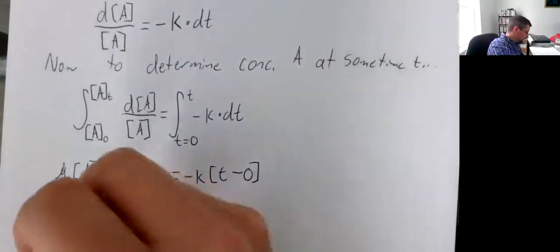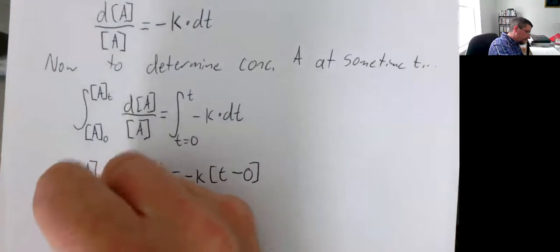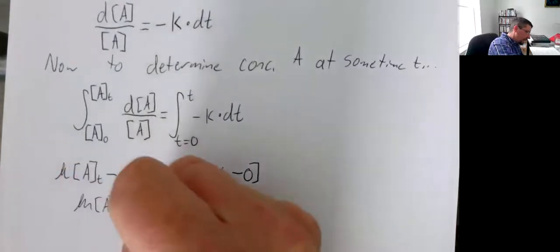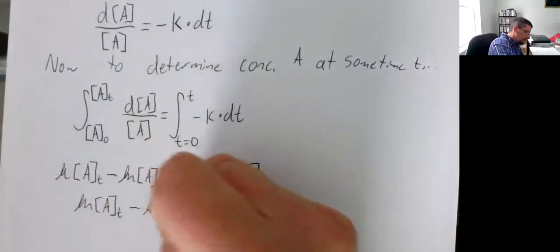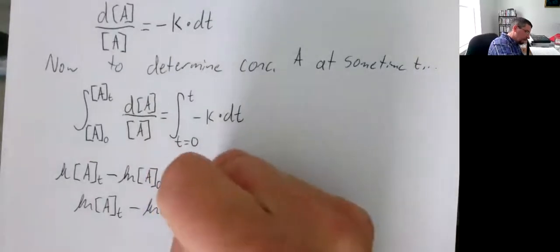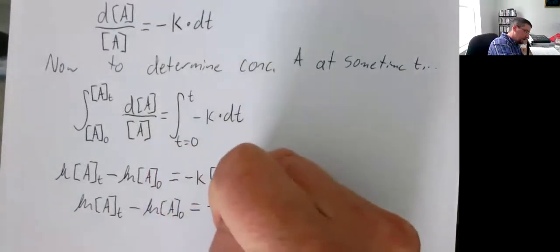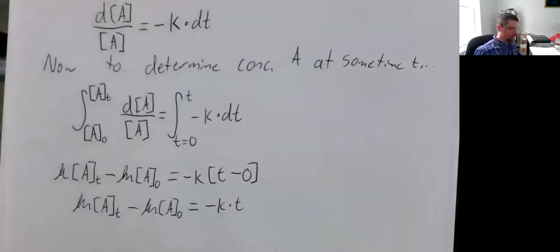Okay, cleaning this up a little bit, we get ln A t minus ln of our initial concentration of A equals minus k times t. And again, we were interested in this variable here, the concentration of A at a certain time.